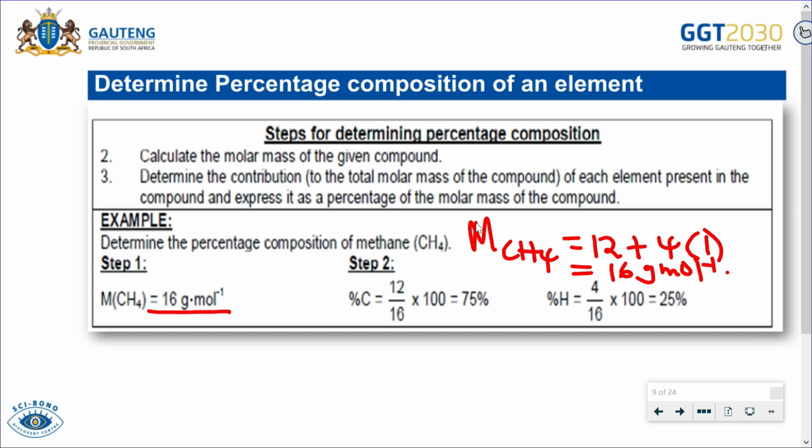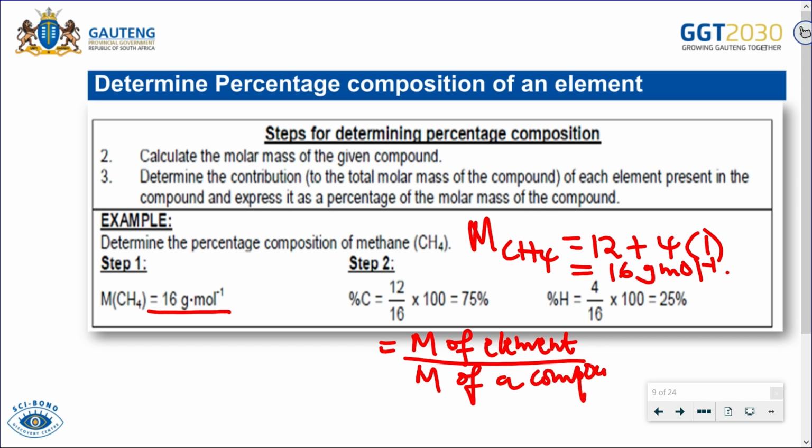The percentage composition always equals the molar mass of an element, divided by the molar mass of the compound, then you multiply by 100. So you are expressing that as a percentage, right? So the molar mass of an element divided by the molar mass of the compound.